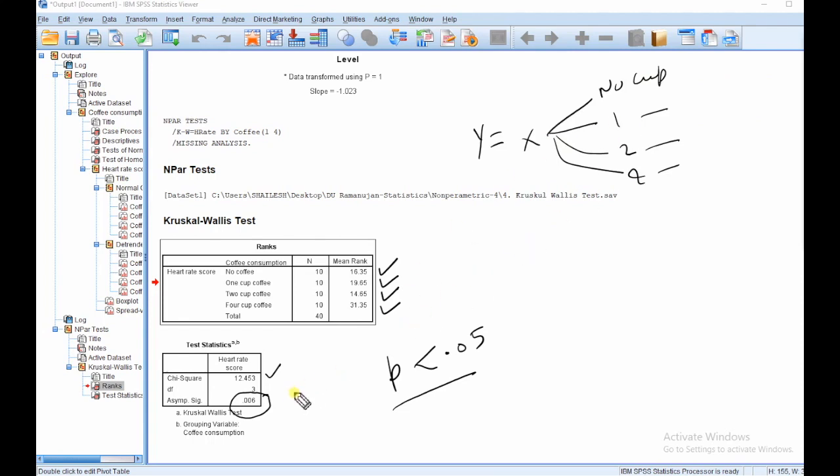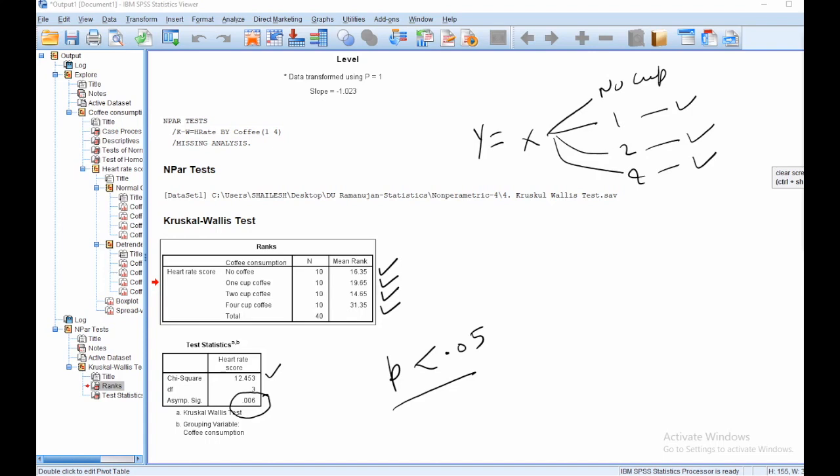This result is saying coffee consumption increases the heart rate score, but we do not know whether 1 cup of coffee increases the heart rate score significantly, or 2 cups of coffee, or 4 cups of coffee. So what will we do? We will do post hoc analysis. But here we cannot do post hoc analysis.